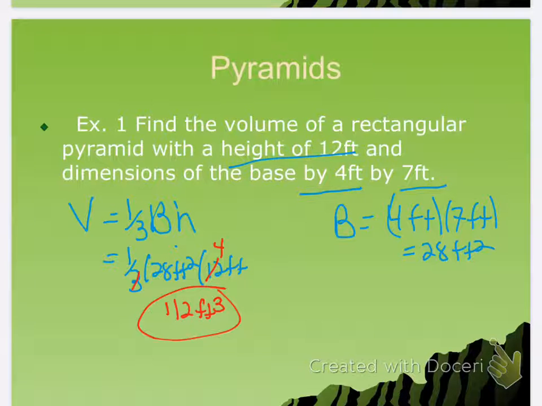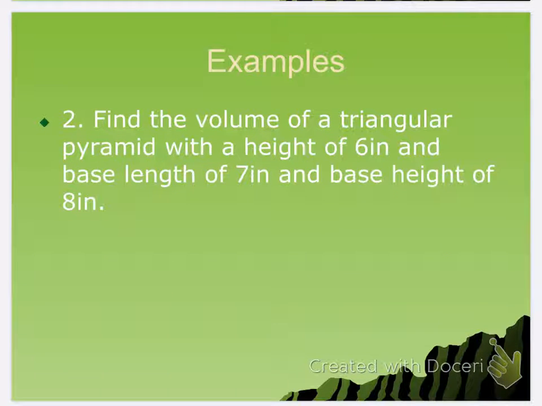Okay, next one up. Find the volume of the triangular pyramid. This is a triangular pyramid, which means that it has a triangle as its base. And then we have our height of 6 inches. The base length is 7 inches and the base height is 8 inches.